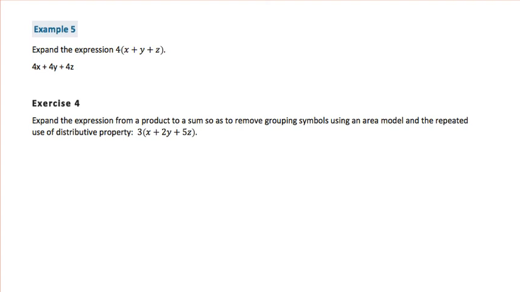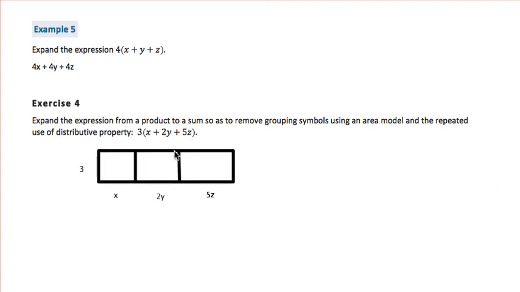So we're going to draw the area model, the array, in the same way that we did before, but now our array is going to have 3 terms in each row, the x, the 2y, and the 5z, and it'll be 3 deep. So there's our array, 3 deep, and it's x plus 2y plus 5z.